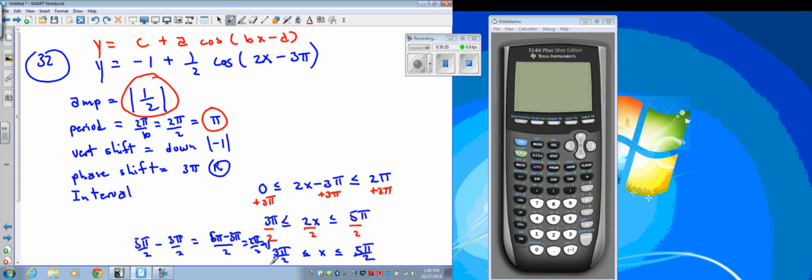Maybe we should go back and re-look at phase shift. What is it telling us phase shift is? Function, plot the points.